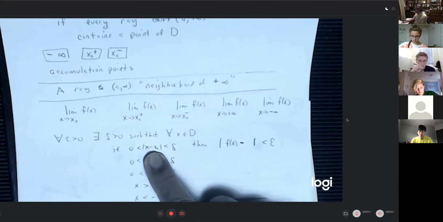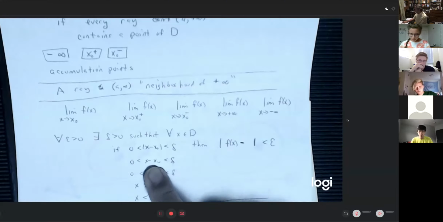What does the one I'm going to show you next say? This says x minus x naught is bigger than 0. What does that mean? That means x is bigger than x naught. Suppose x naught's 5 and x minus 5 is positive. Then x is bigger than 5.